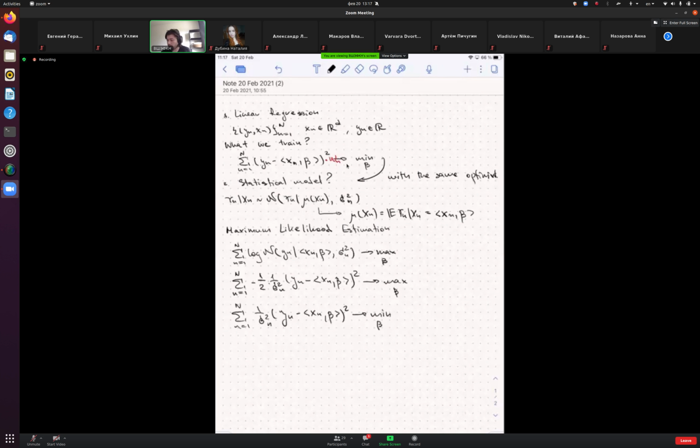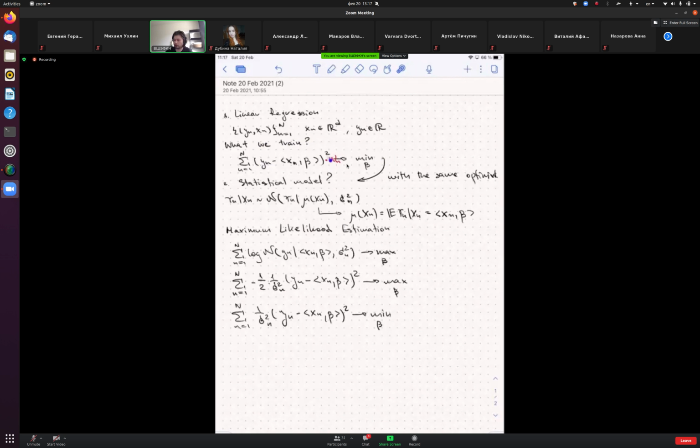Okay, so what you can see is that we developed a statistical model, a very simple one, but this is exactly matching what we did before. So this is our optimization problem for linear regression, which we had developed from a pure machine learning approach. We would like to minimize the loss. We have the model.